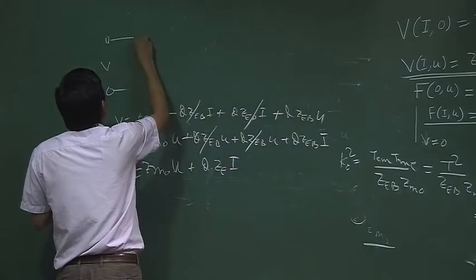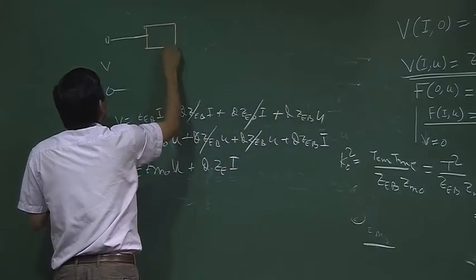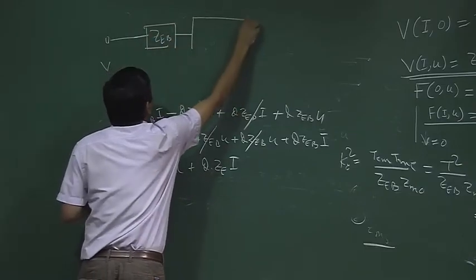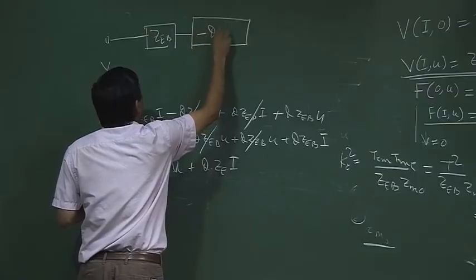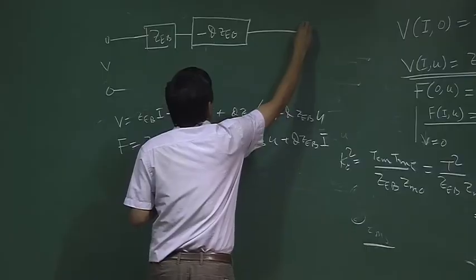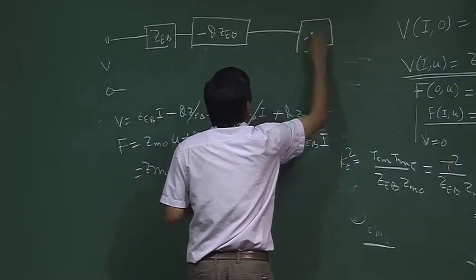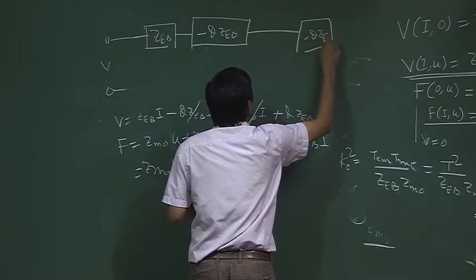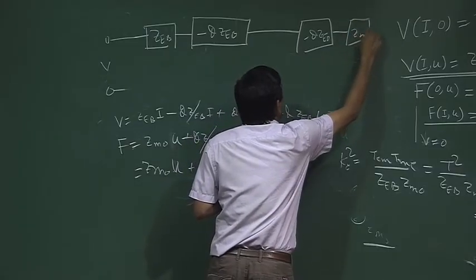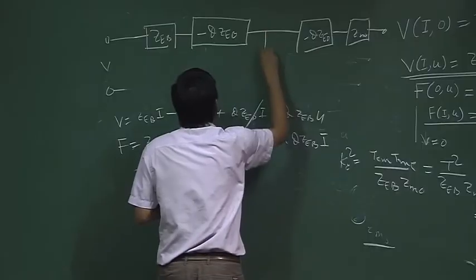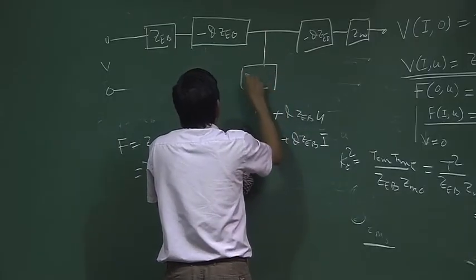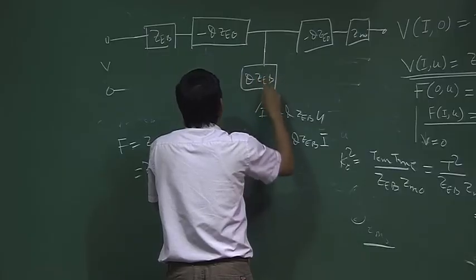V, there will be a ZdB, there will be a negative impedance minus phi ZdB, then there will be here minus phi ZdB, ZMO, and at the terminal here I put an impedance phi ZdB.